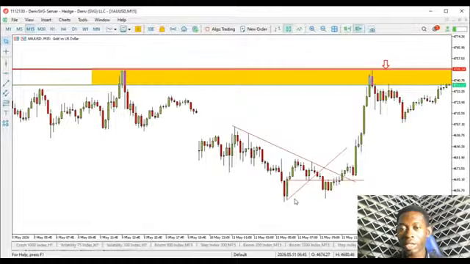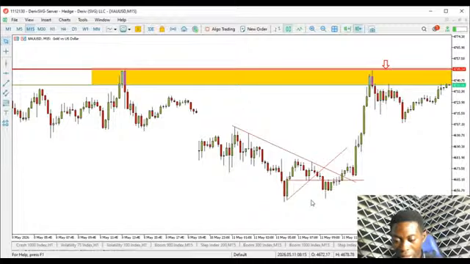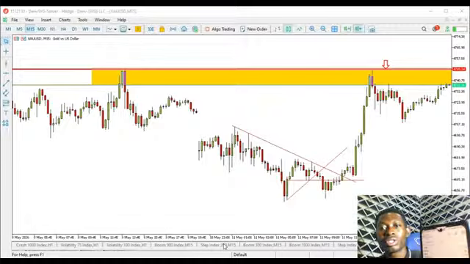In fact, I can show you the results on my screen. Let me show it to you. I don't know if you can see my screen here now. Can you see my screen? I don't know if I can show you the trade for today.